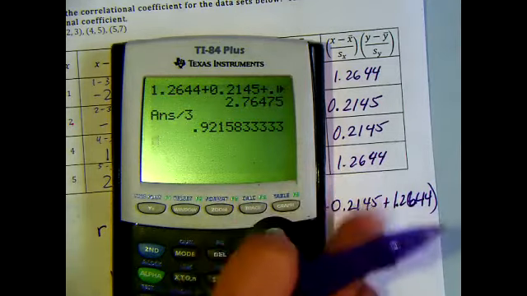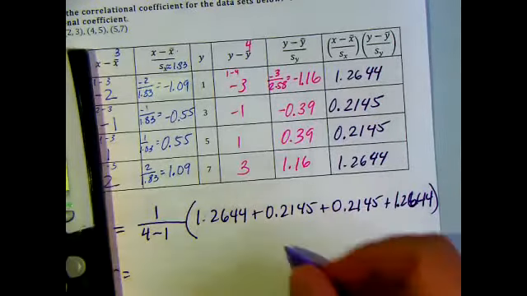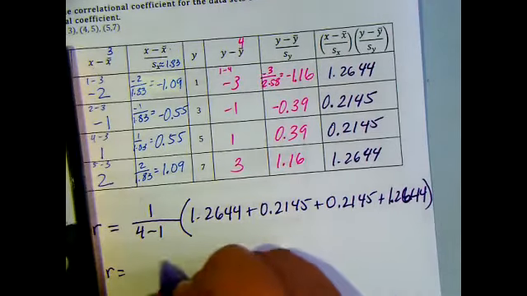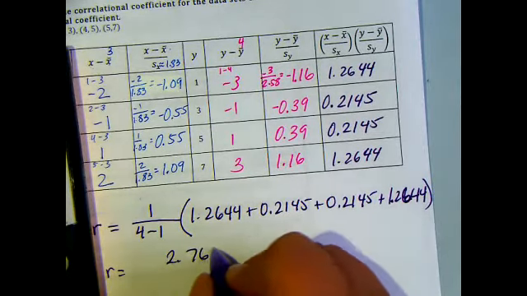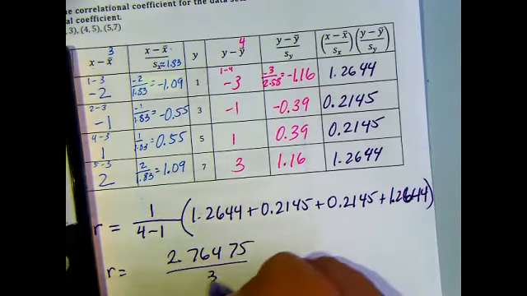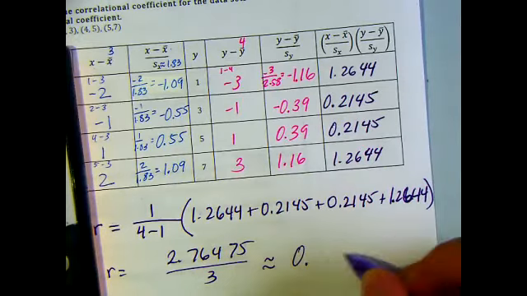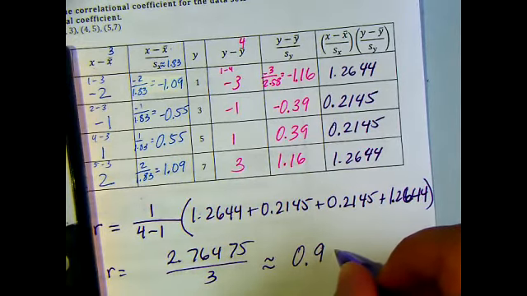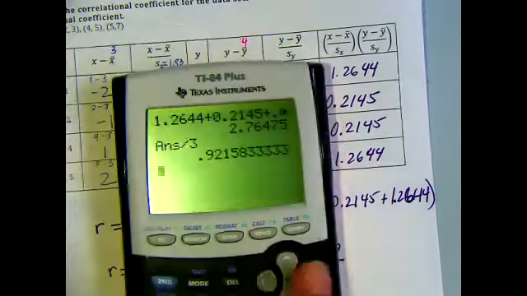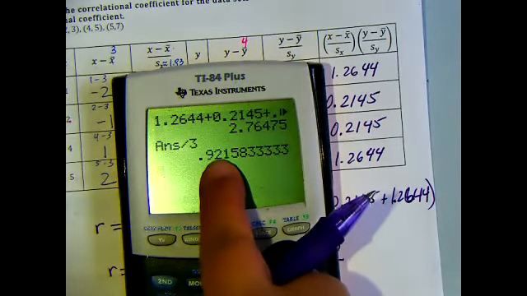And that gives us 0.92. So we could even write the steps here. This becomes 2.76475 divided by 3, which is approximately 0.92 because of that guy, right?